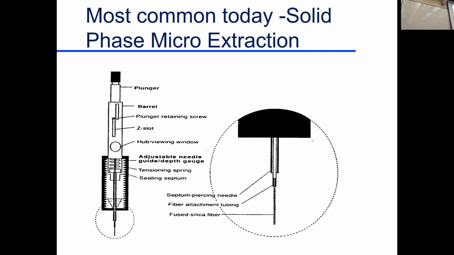If your volatiles really don't like that coating, they have no solubility in that coating, forget it, you're not going to see them. Those that like it the best are going to be concentrated here. So your sample doesn't represent what your product is. And that's a problem that people just kind of ignore because it's so easy. They talk about there's no solvent, no disposal, no contamination. In my opinion, no results.